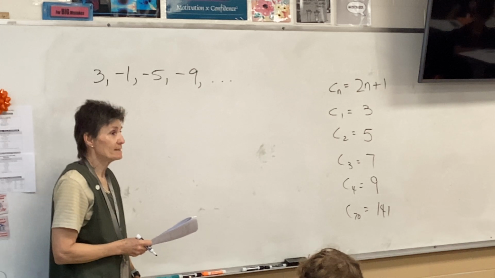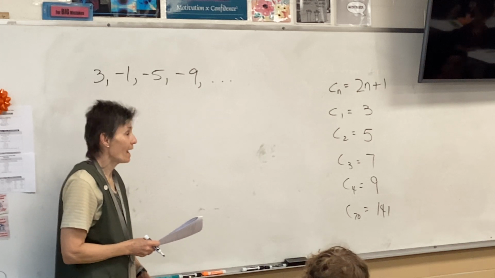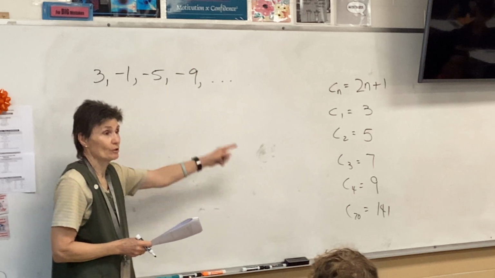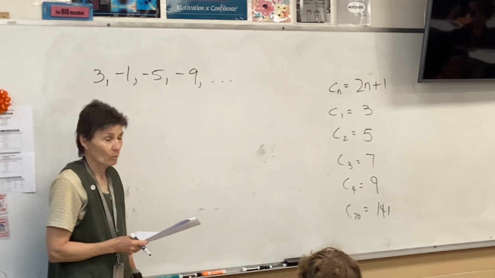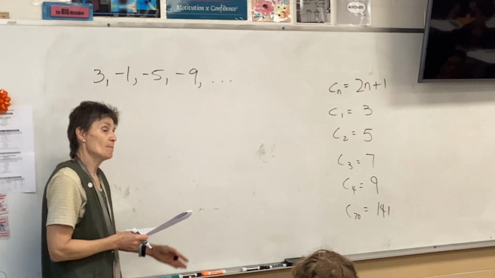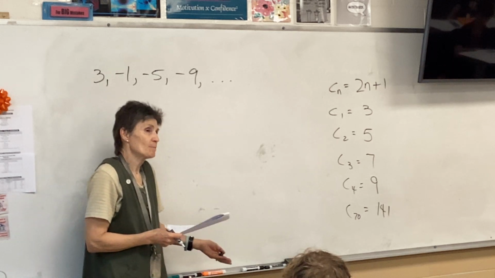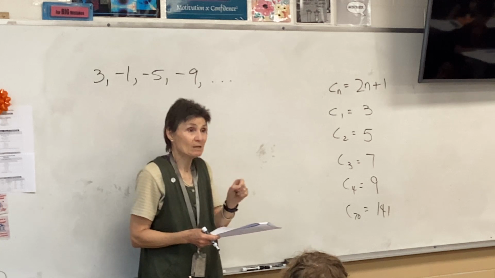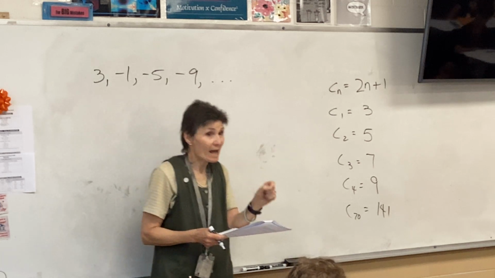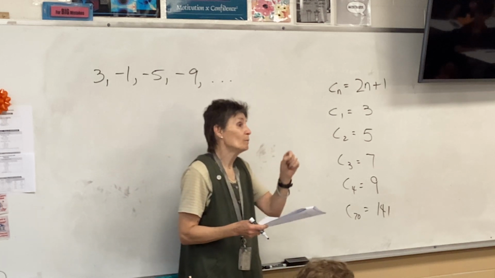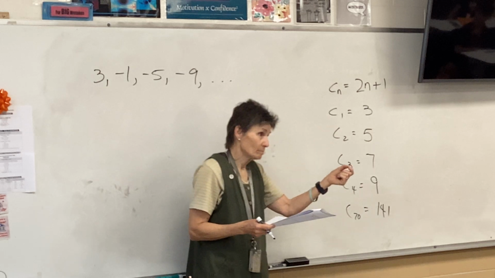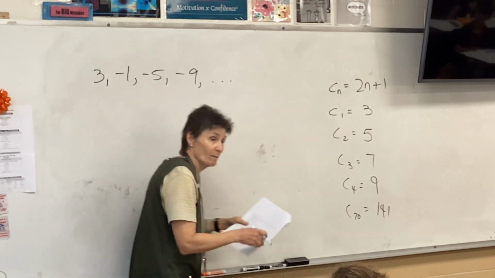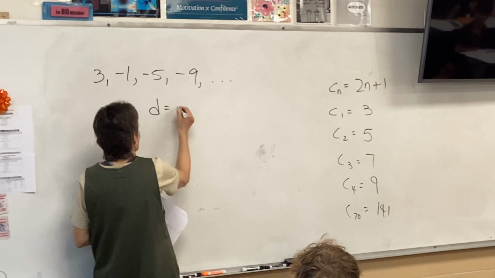What is the common difference? What am I adding to get from term to term? -4. Now, some of you will think you're just subtracting 4, and that's true. But in terms of sequences, we only add or multiply. So it would be adding -4. All right, so my difference is -4.